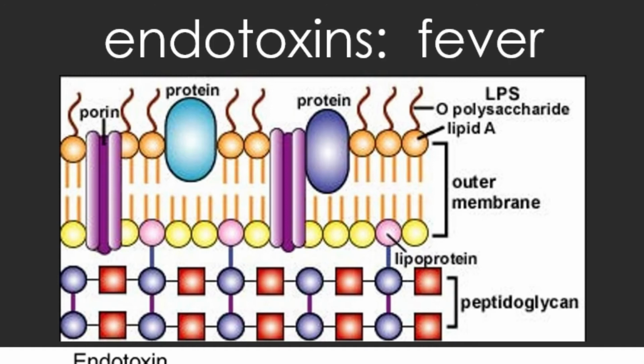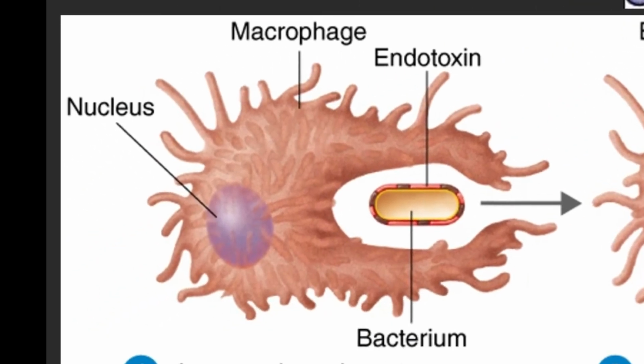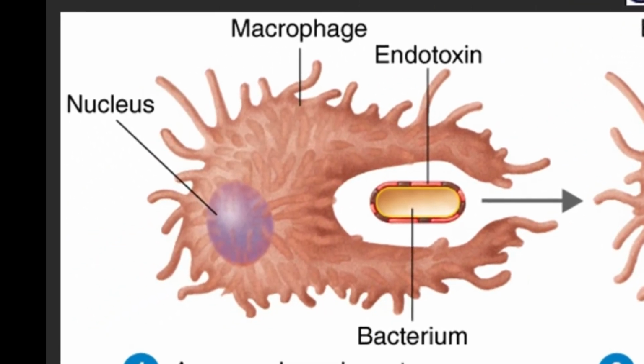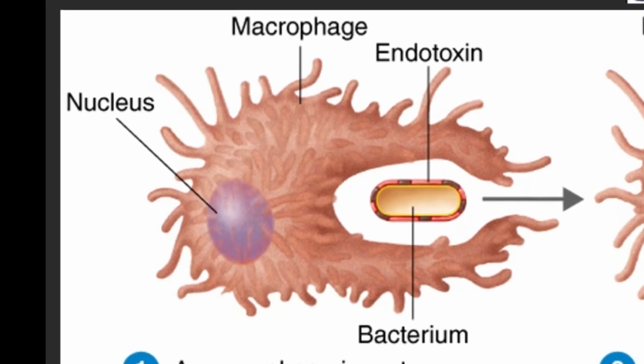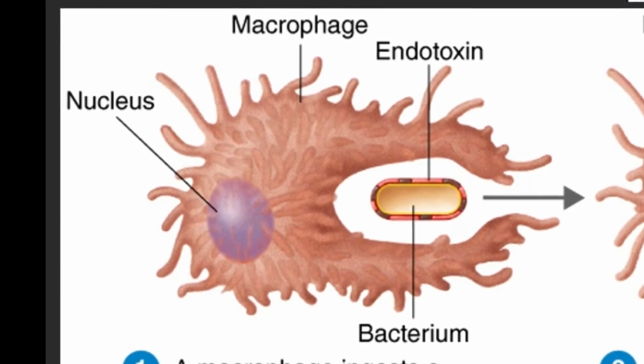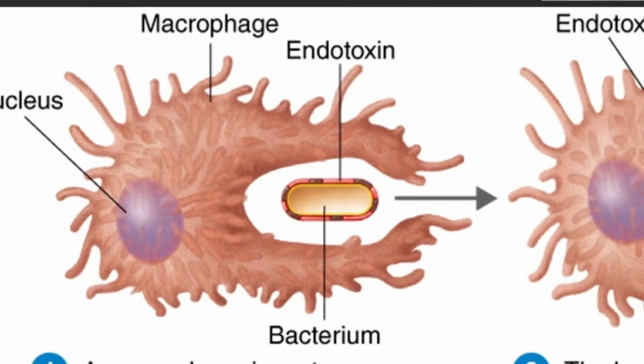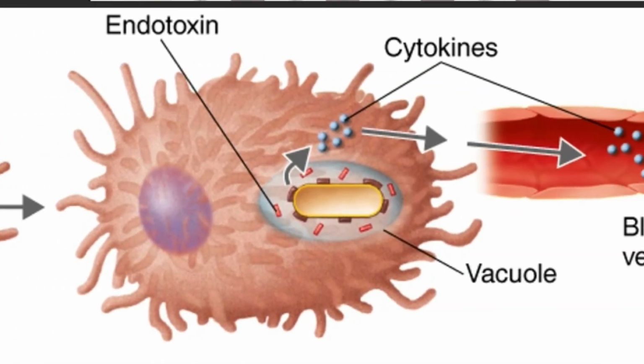So when endotoxin-containing cells, which are gram-negative, are engulfed by a macrophage or a dendritic cell, which is the job of the macrophage and the dendritic cell, that bacterium will be transported over to a lysosome, and the phagosome containing the bacterium will fuse with the lysosome, and that will cause the digestion of the bacterium into all of its little parts, which include the endotoxins.